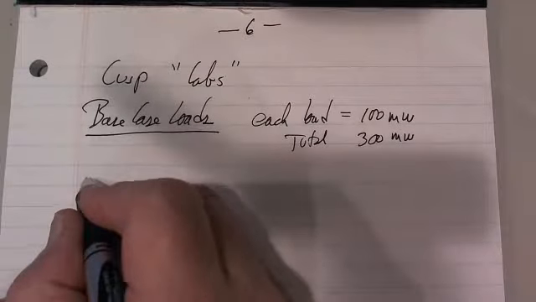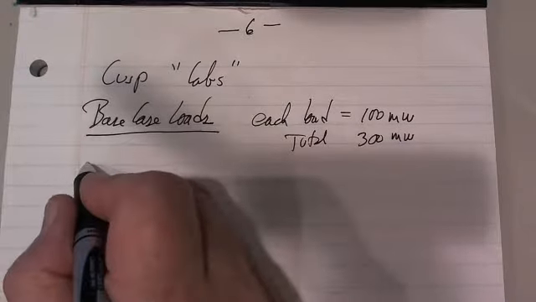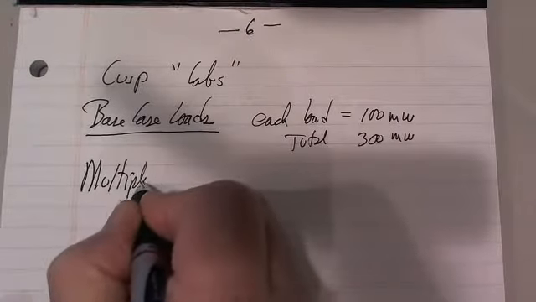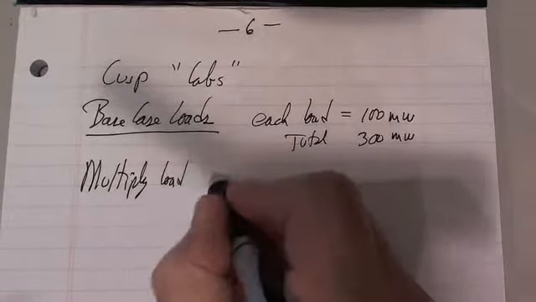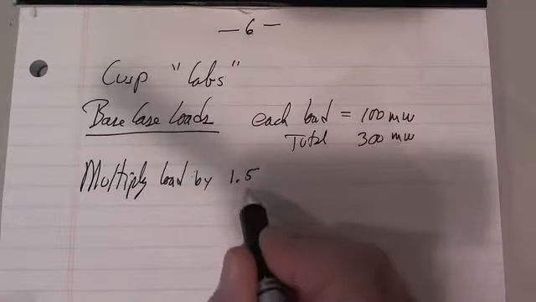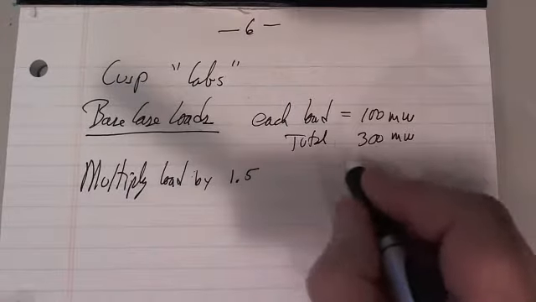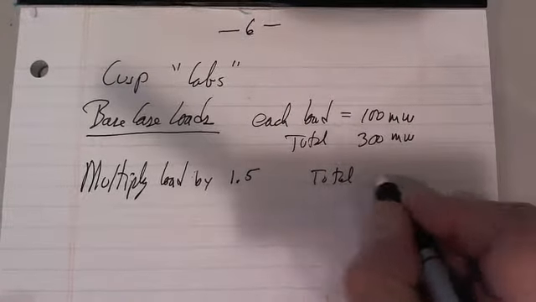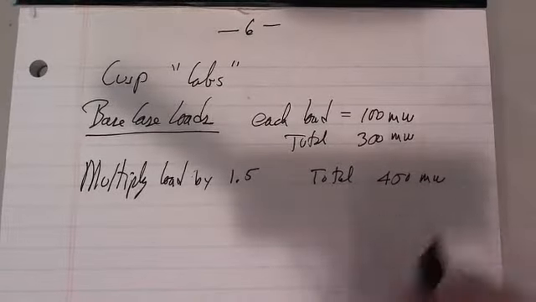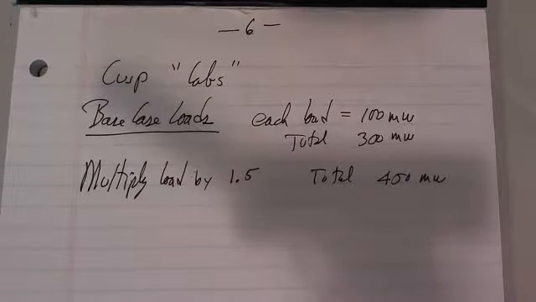And then I came back and I said, well, I'm going to multiply load by 1.5. So I'm going to have a 50% increase in load, so that the total becomes 450 megawatts. There's 150 on each bus.